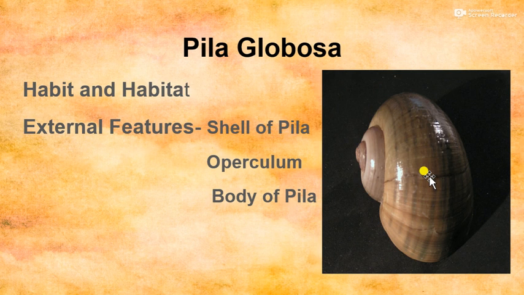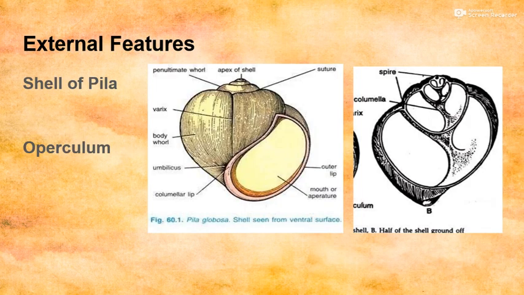Now we see the external features. First of all, we see the shell of Pila. Look at this, this one is the shell.